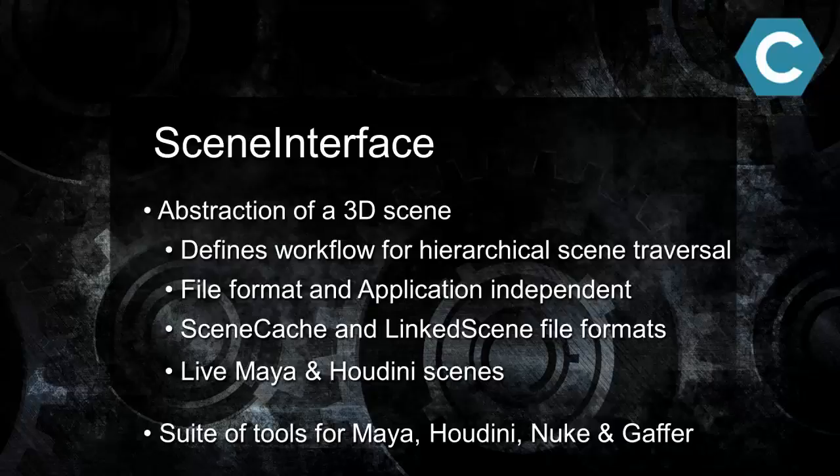So you can potentially write a scene interface implementation for a file format, for example, our scene cache files, just to hold the data. And we can also do this for live scenes, like Maya and Houdini, so that changes are updated and applied.